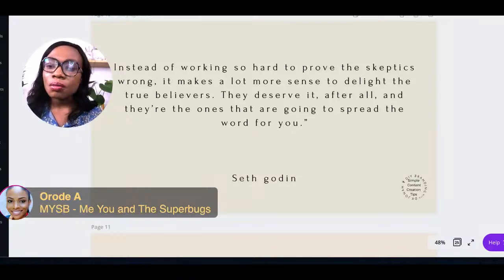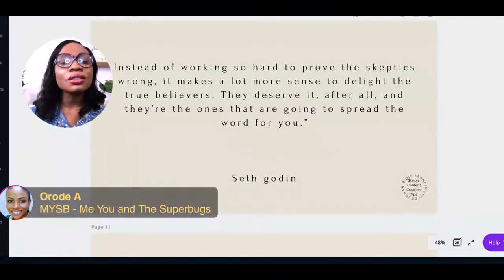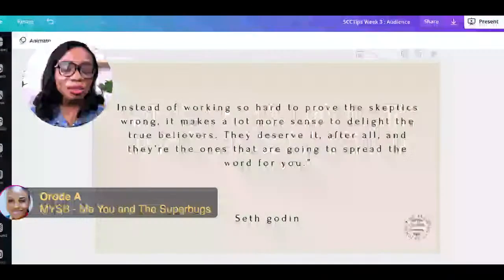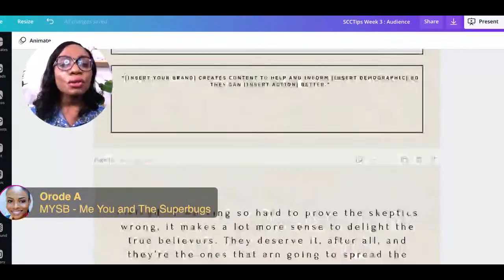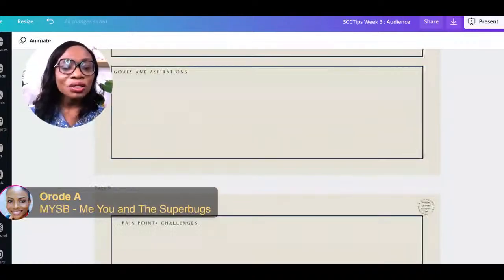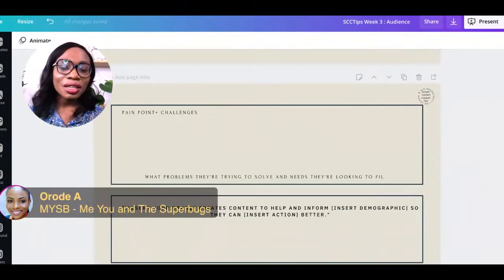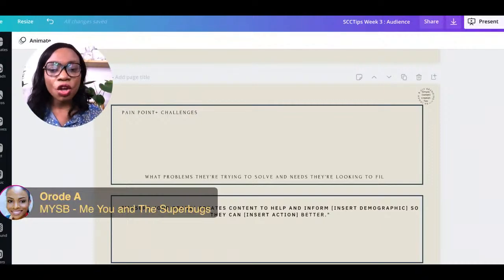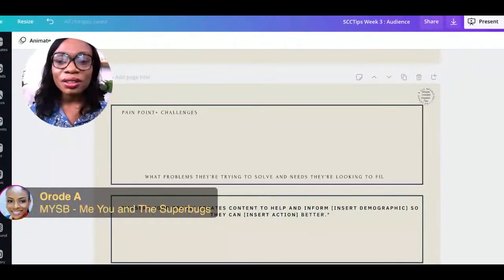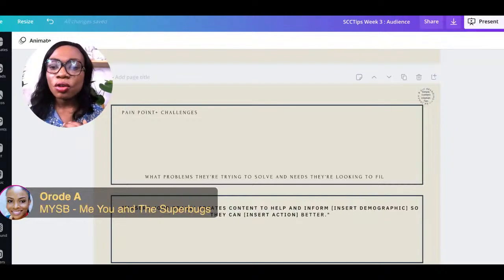Timei said, I encourage young ladies to love their natural hair and skin and also show them ways to carefully manage their hair and skin the right way. Fantastic. So, Timei, having understood what she does, will be able to say, so we go back to your content statement. Natural Nyota creates content to help and inform natural ladies to make them love their hair and skin and take care of their hair better, because it's about loving it and taking care of it.